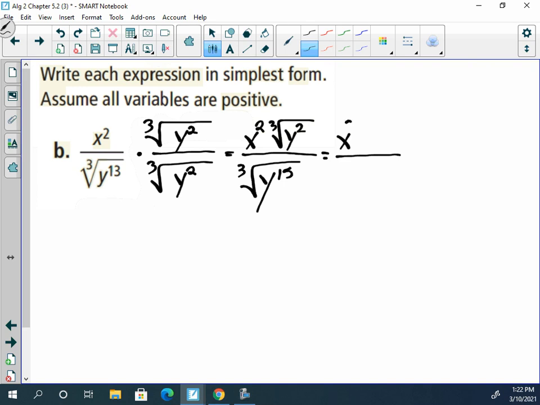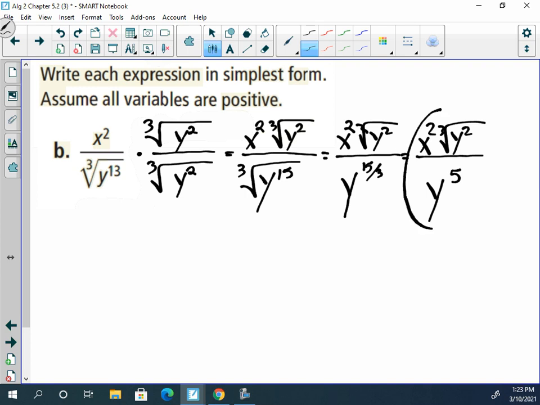Now, the denominator, if we wanted to, we can rewrite it as a rational exponent, which would be 15 over 3. And well, 15 divided by 3 is 5.